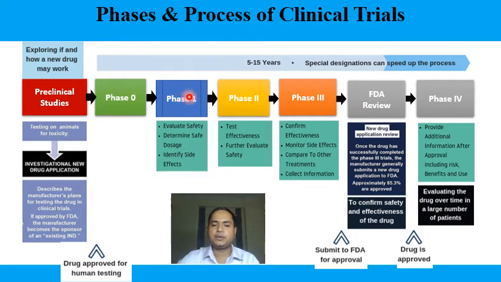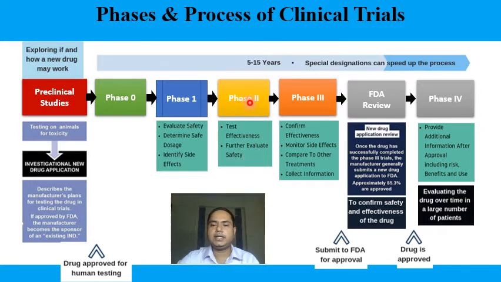So after performing phase 1, we proceed to phase 2, and in phase 2 the effectiveness of the drug can be tested, and we can also further evaluate the safety parameters.